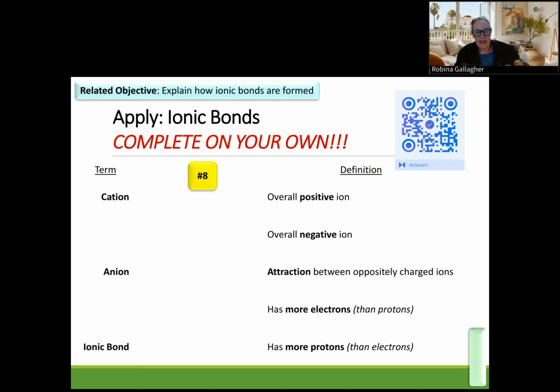And which one has more electrons than protons? Remember, electrons are negative, so there's going to be more negative than positive charges. And then the last one is the opposite. Which one has more protons, or more positively charged particles, than negatively charged particles?